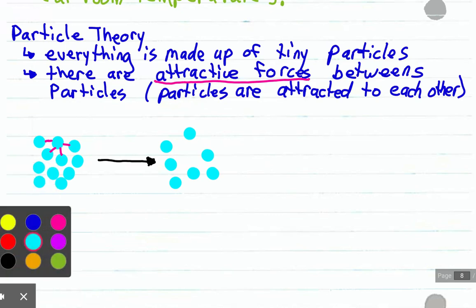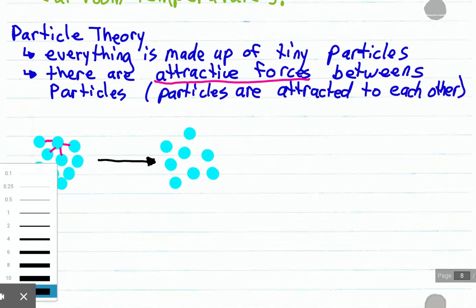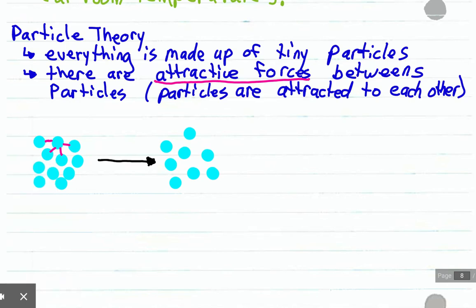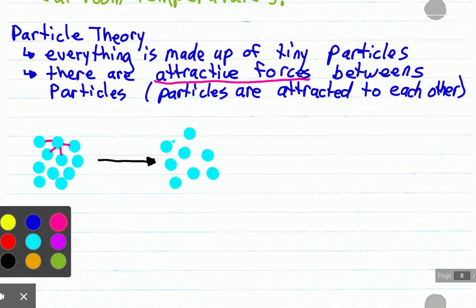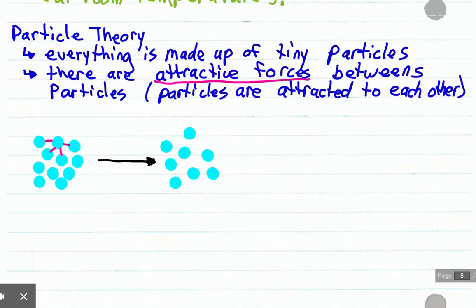So I'm really sorry, but if you can, I'm going to have you erase your attractive forces. And we're going to draw them like this. Okay, it's really important for later, actually. Okay, so these are our attractive forces. And I'm going to do the same thing over here to the solid.